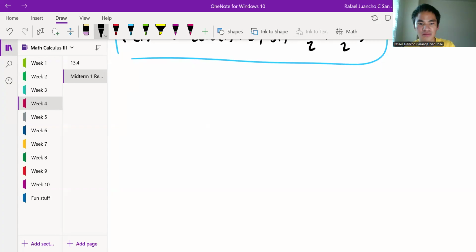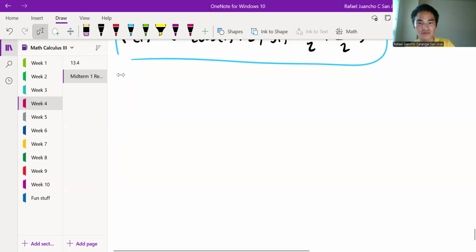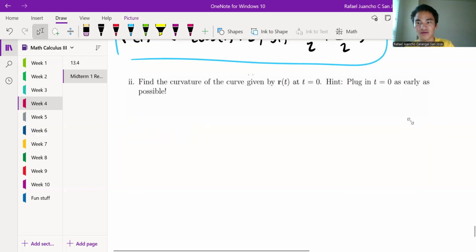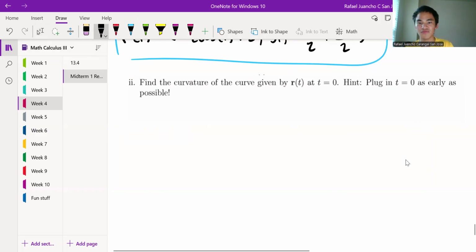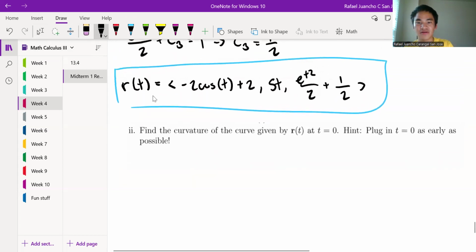Okay. Next item. So this is a curvature question. So let's quickly go through it. I might actually go through some other stuff here, if time allows. So to find the curvature of the curve given by r of t at t equals 0, well, we already have our r of t, which was this one.